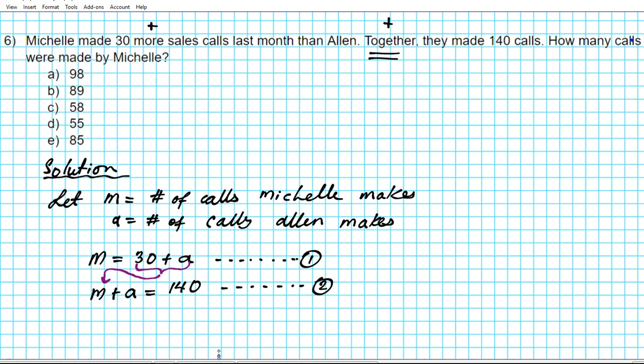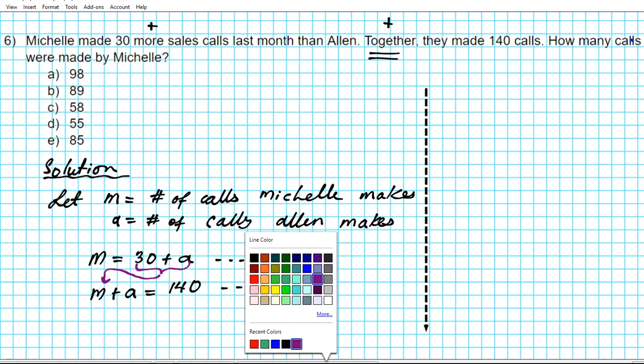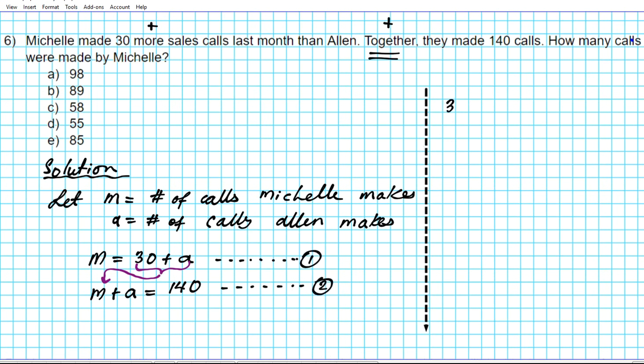Now if we do that, it's going to result in an equation that can help us find the number of calls that Alan made. So if we make the substitution, we're going to have 30 plus A, number of calls Michelle made, plus A, number of calls Alan made, together they get 140. And then if we combine like terms A and A, we have 30 plus 2A equals 140.